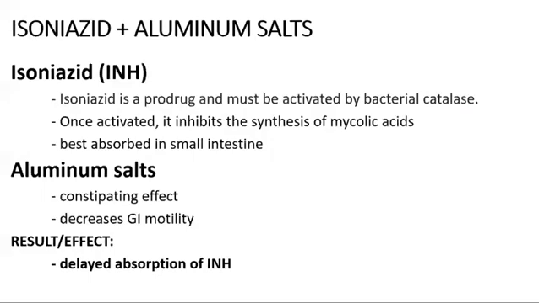Once it is activated, it inhibits the synthesis of mycolic acids. Para saan ba itong mycolic acid? Mycolic acid is an essential component of the bacterial cell wall, especially sa mga mycobacteria.